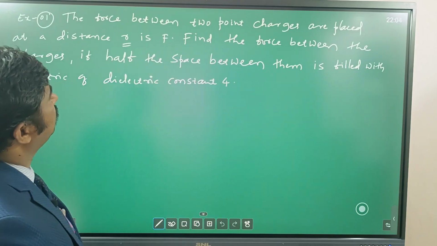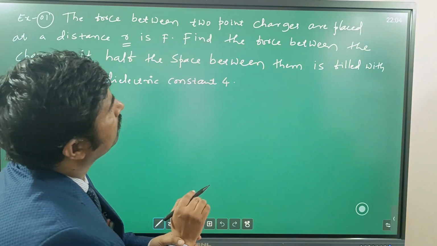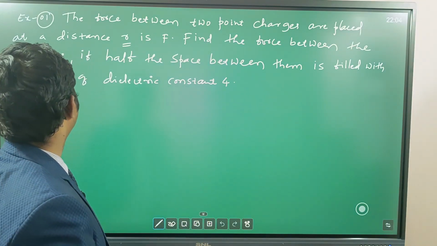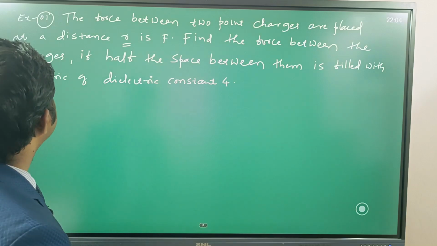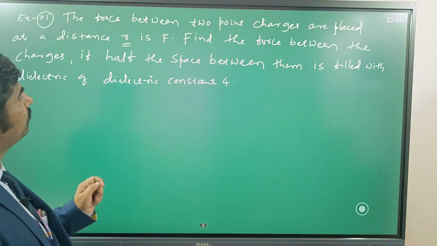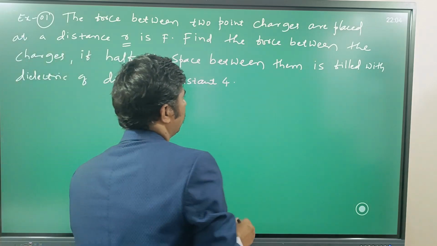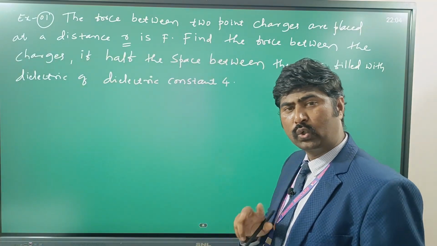The example is: the force between two point charges placed at a distance R is F. Find the force between the charges if half the space between them is filled with a dielectric of constant 4. So this problem is divided into two parts.